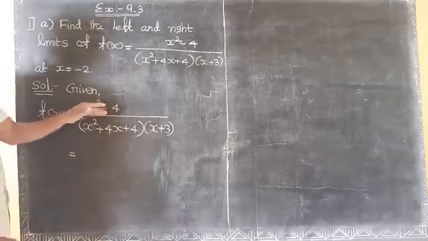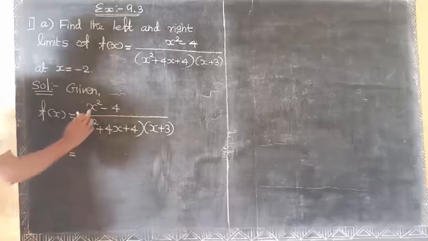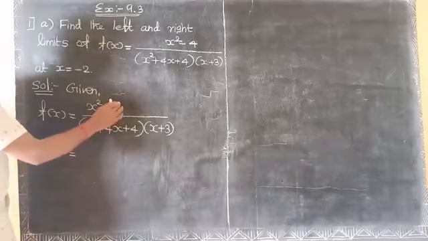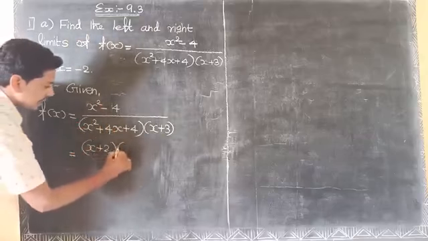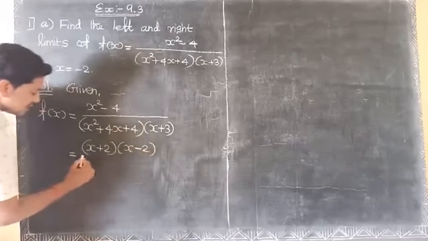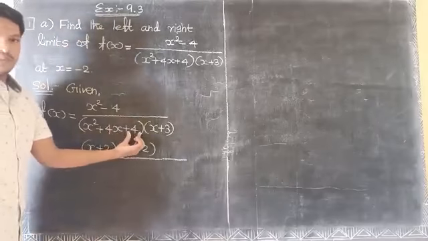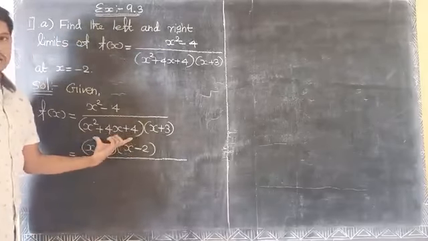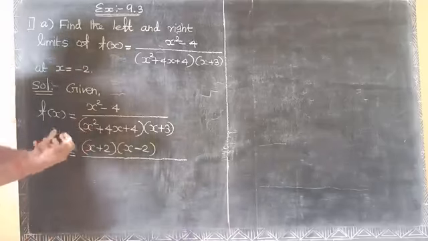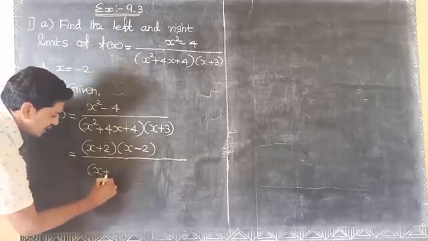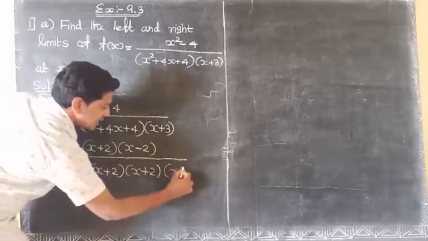In the numerator, x squared minus 4 can be written as x squared minus 2 squared, that is a squared minus b squared, which is (a plus b) into (a minus b). Then the denominator x squared plus 4x plus 4 can be written as (x plus 2) the whole squared, that is the factor taken twice: (x plus 2) into (x plus 2) into (x plus 3).